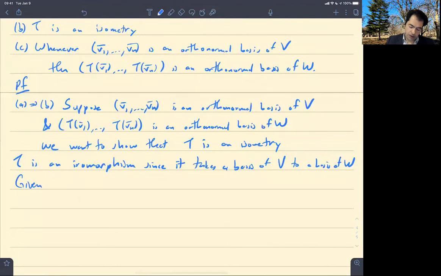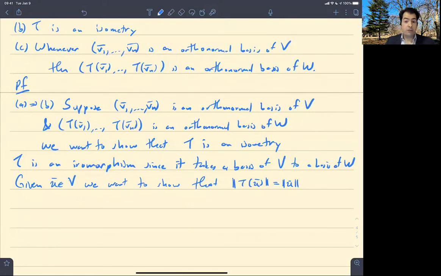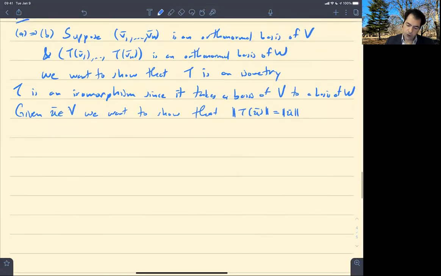So given a vector U in V, we want to show that the size of T of U is equal to the size of U. Okay, if we do this for an arbitrary vector in V, we're done. Okay, great.